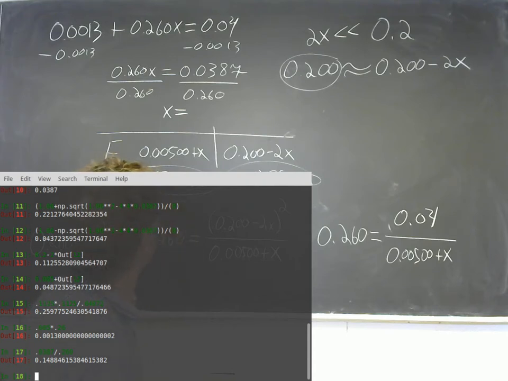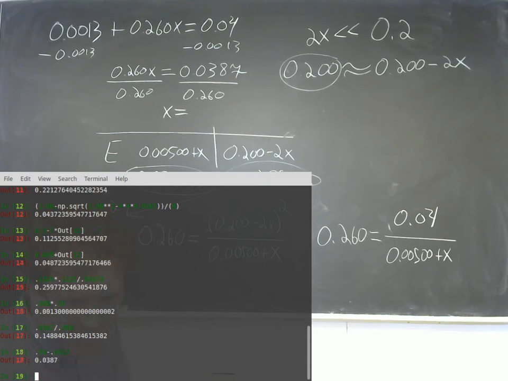What have I done? 0.04 minus 0.0013. It's 0.0387 divided by 0.26.